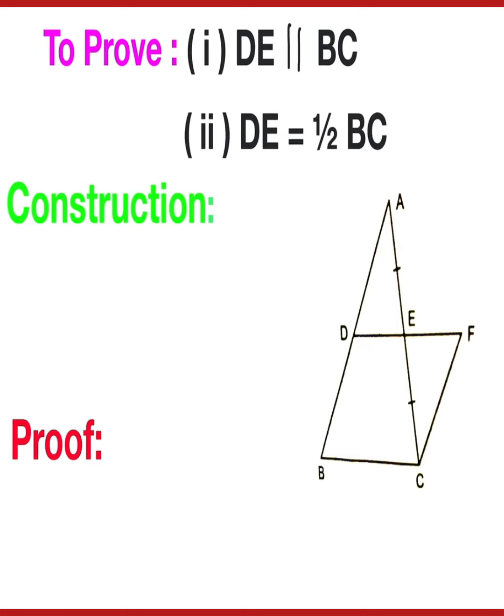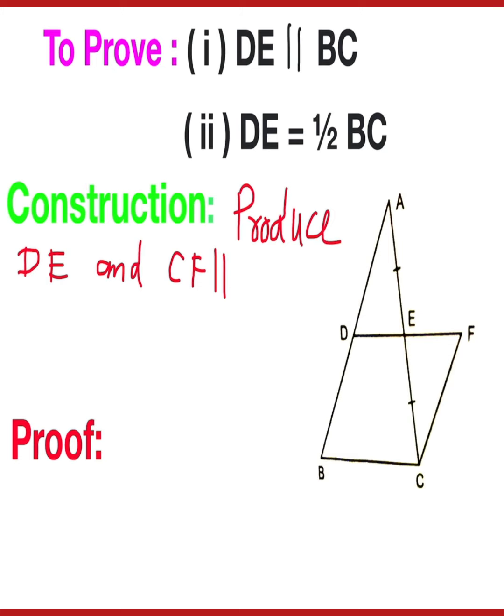So dear, for construction we will write that produce DE, this line segment DE we will produce to the point F, and also we will draw CF parallel to AB.